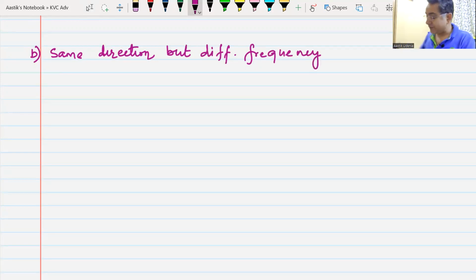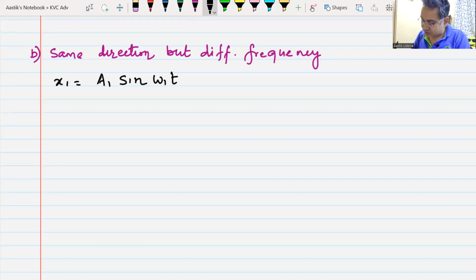If the frequencies are different, then what happens? One of the SHMs can be written as A1 sine omega 1t. You just have to write it so that if an objective comes, you can answer it in yes or no.